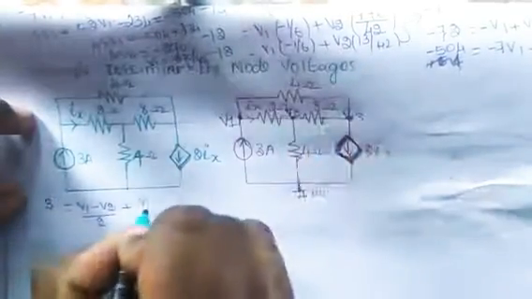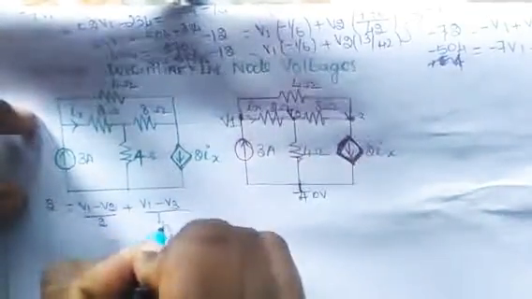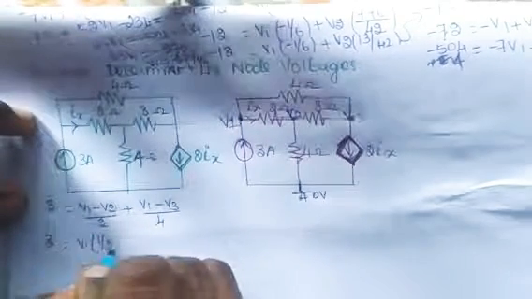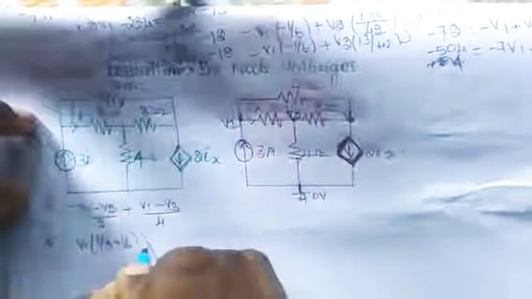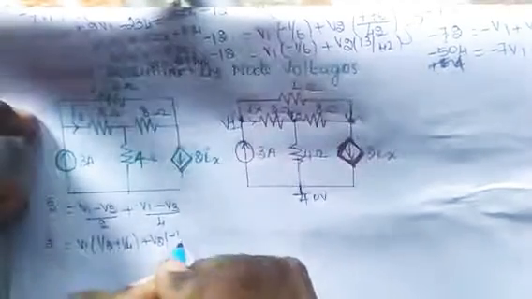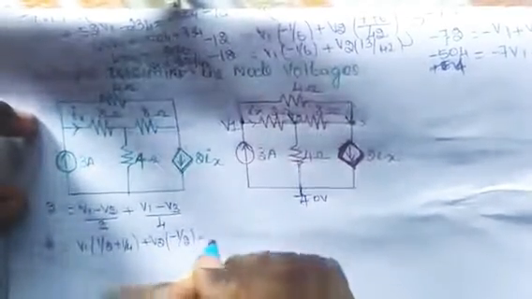2 plus (V1 minus V3) divided by 4. So 3 is equal to V1 into (1/2 plus 1/4) plus V2 into minus 1/2 plus V3 into minus 1/4.